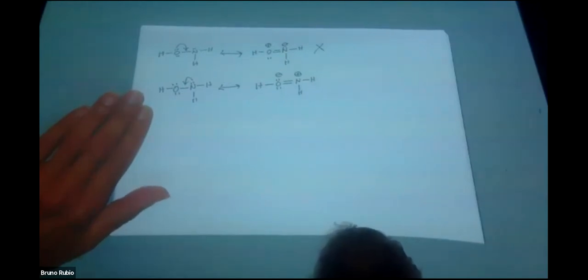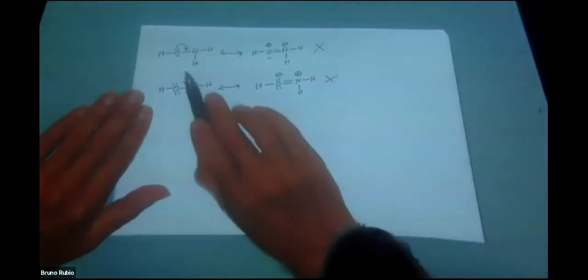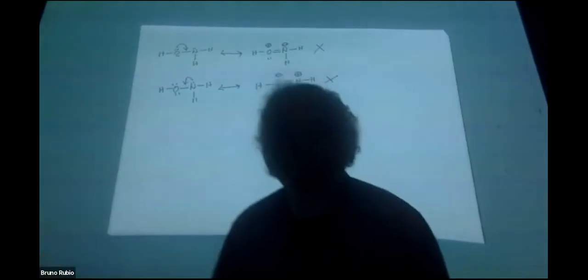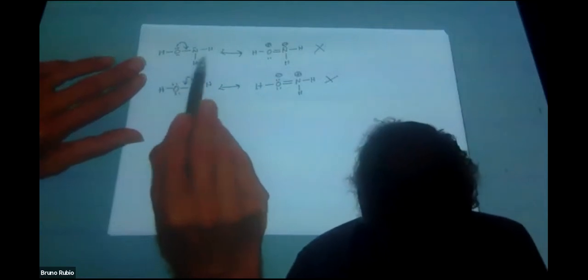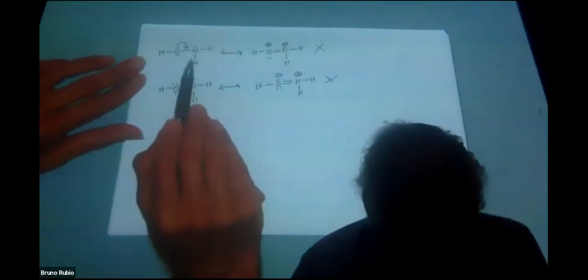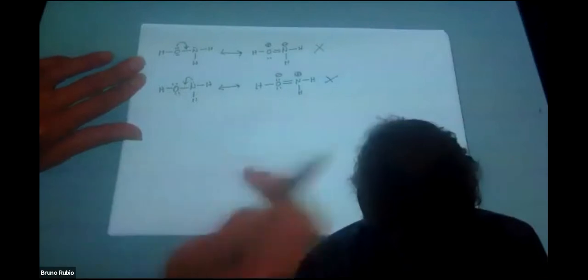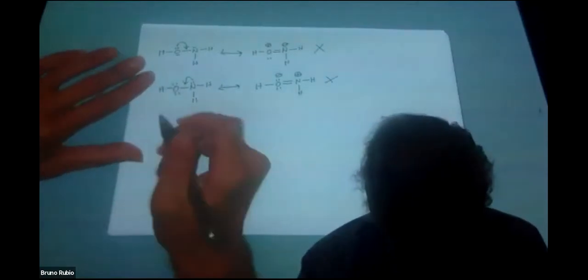No, I've exceeded the octet of the oxygen, not allowed. This molecule doesn't have any resonance structures. So this is really a single bond, that's really a single bond, right? So not every molecule is going to have resonance structures associated with it.